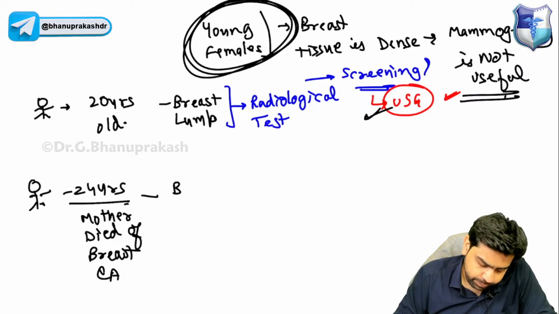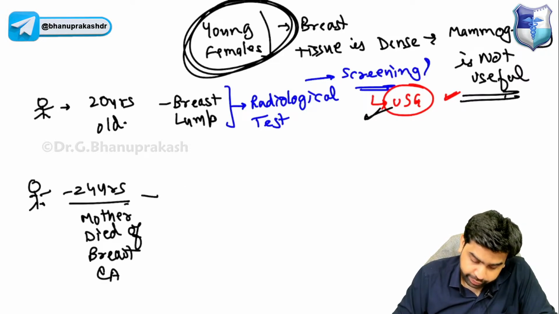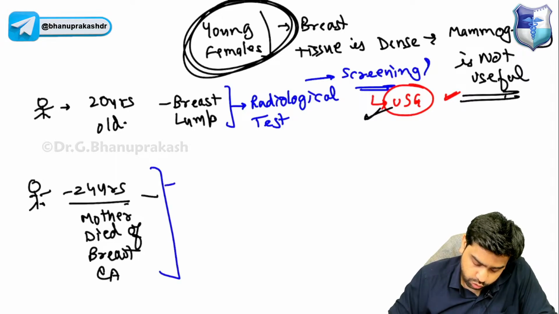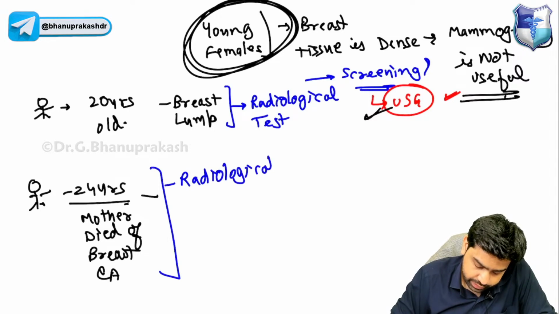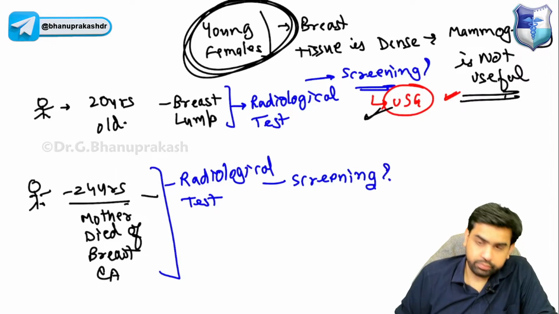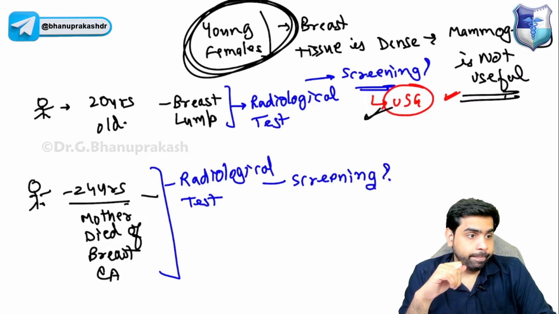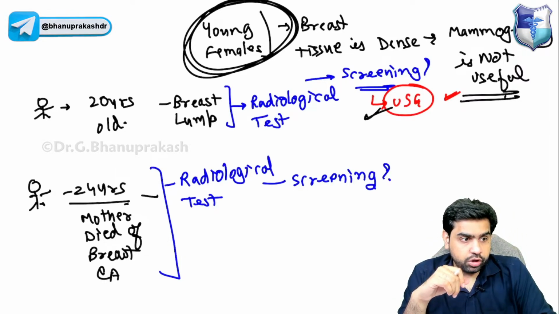She doesn't have any particular lump as well. What is the radiological test which is going to be used for the screening in this patient? Can you please help me with this? What is going to be the answer over here, guys?